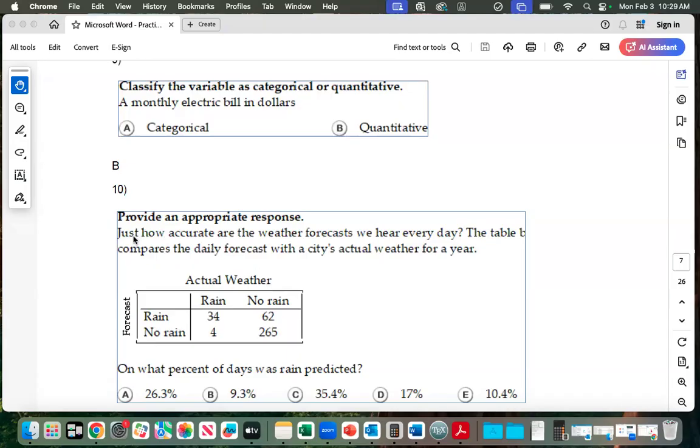When you read it, it says here's how accurate the weather forecasts we hear every day are. The table below compares the daily forecast with the actual weather in cities for a year. So when you look at this, we want to know on what percent of days was rain predicted.